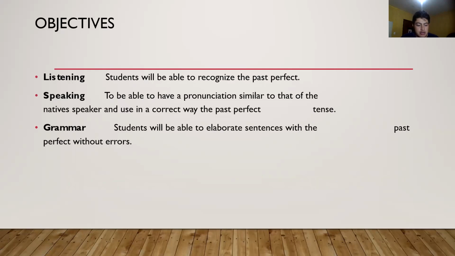To start the class, we are going to do the warm-up activity. You need to write on 3 small pieces of paper 3 things about yourself, but one needs to be false.